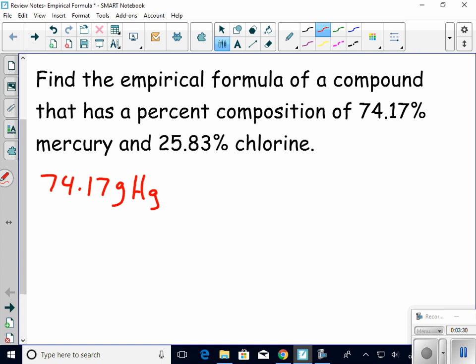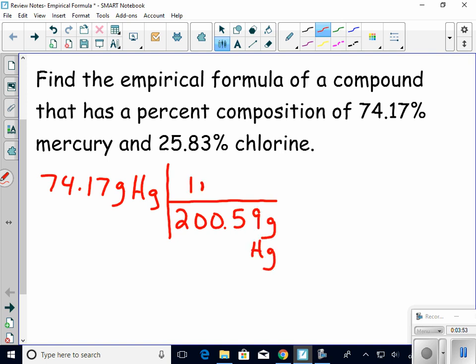So I know that mercury is 200.59 grams of mercury is 1 mole of mercury.